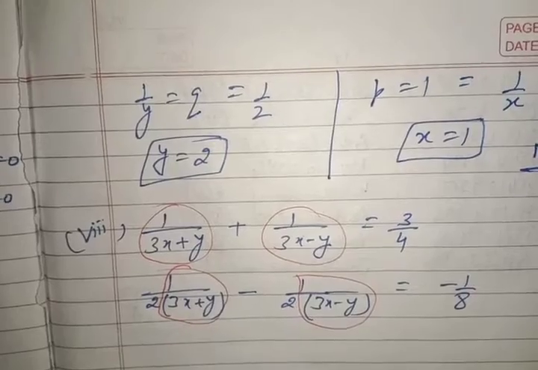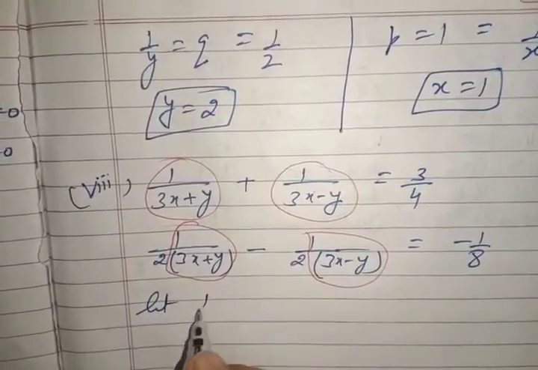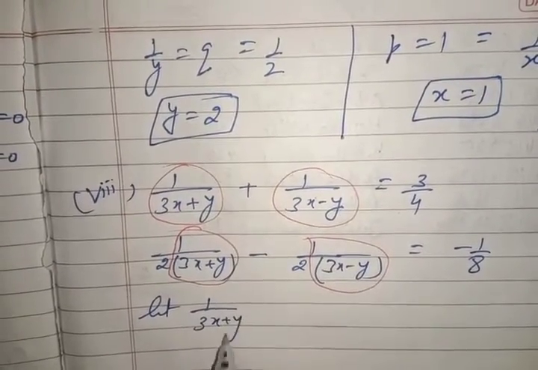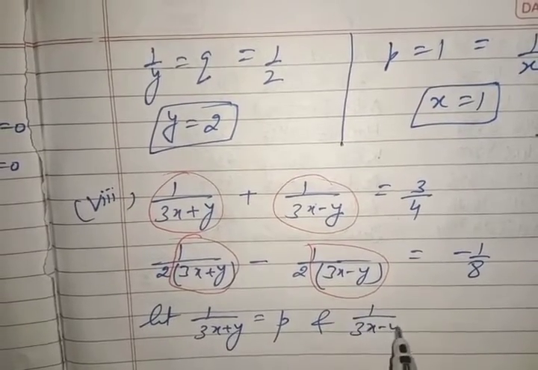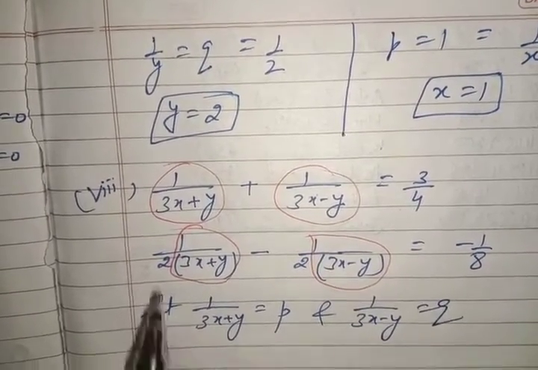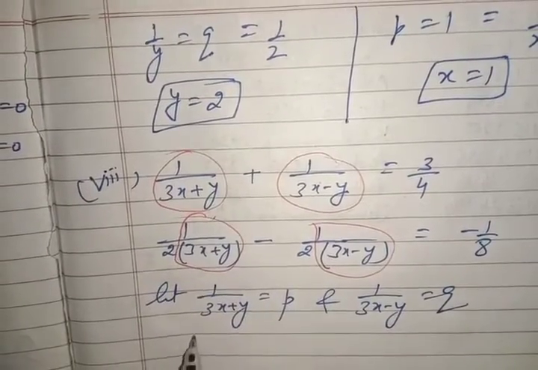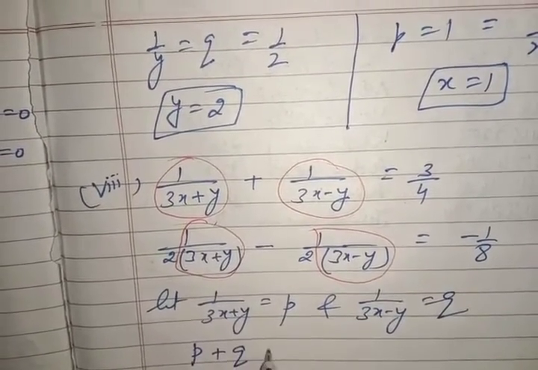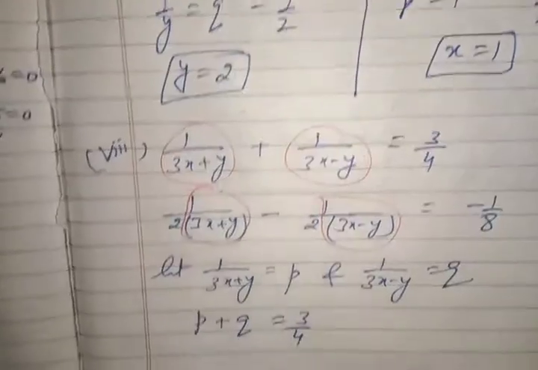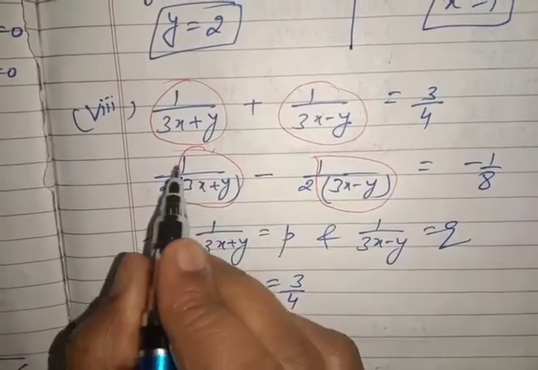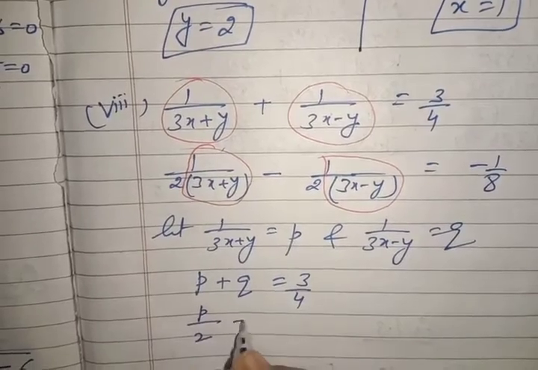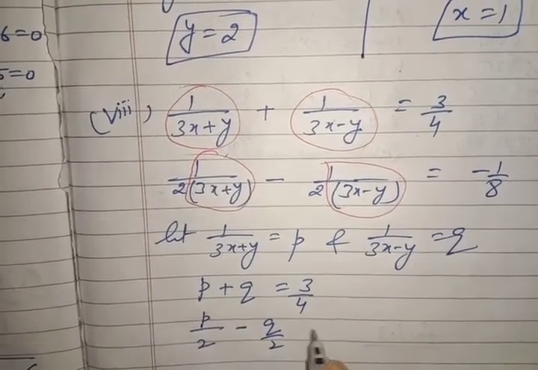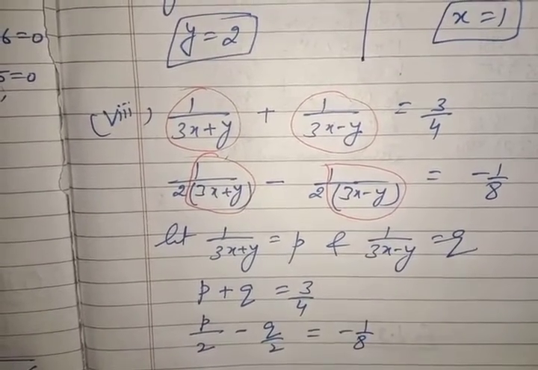So our supposition will be, let 1 upon 3x plus y is equal to p and 1 over 3x minus y is equal to q. This whole is p, so this equation will become p plus q is equal to 3 by 4, and this 2 is in the denominator, so this equation will become p by 2 minus q by 2 is equal to minus 1 by 8.